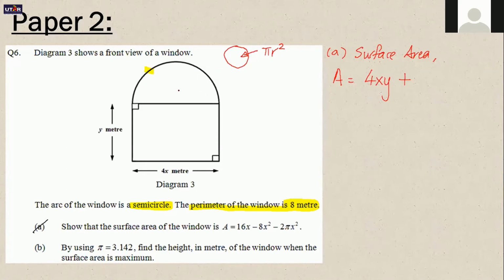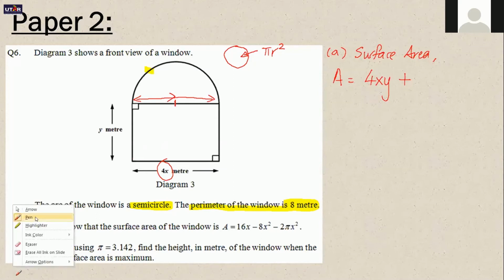Look here, this will be the diameter. What is the radius? Half of the total, which is 4x, so the radius will be 2x.